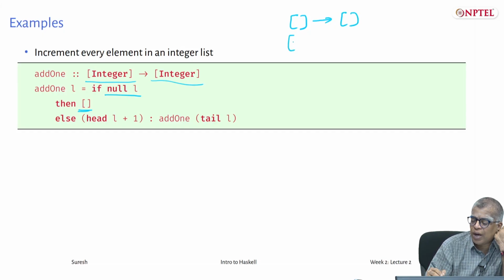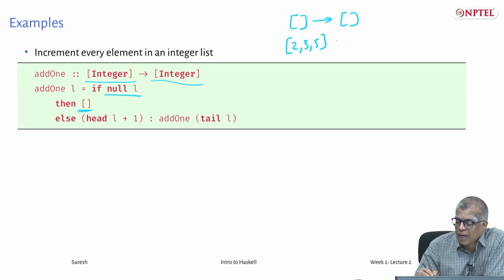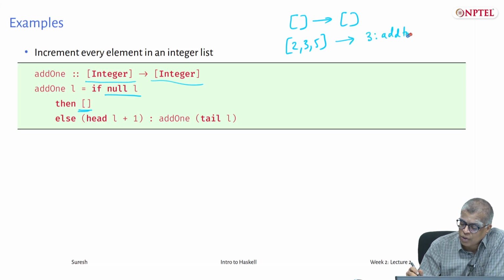But if my list is like 2, 3, 5, let us say, then I will take the head, which is 2, add 1 to it, which becomes 3, and then I will do add1 to the tail of the list, which is 3, 5.